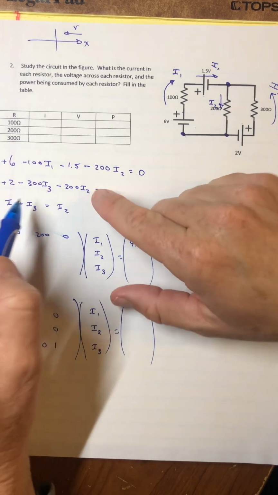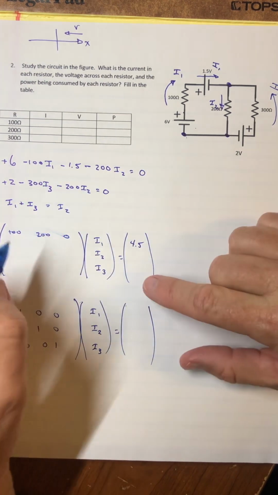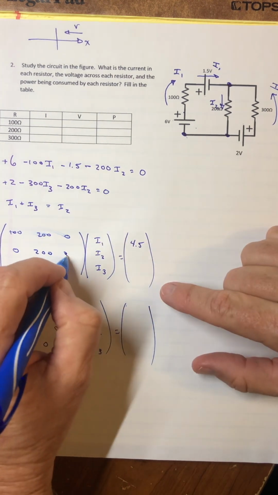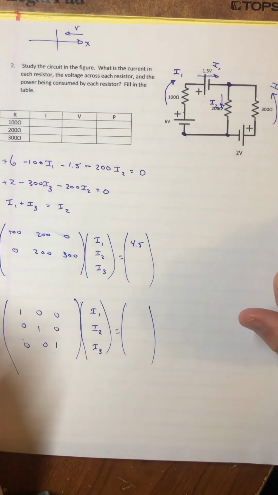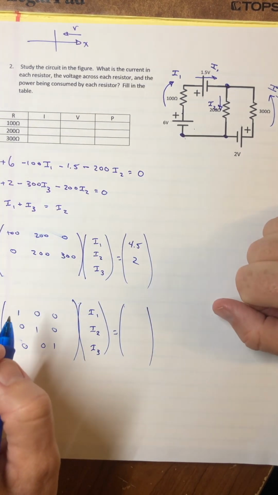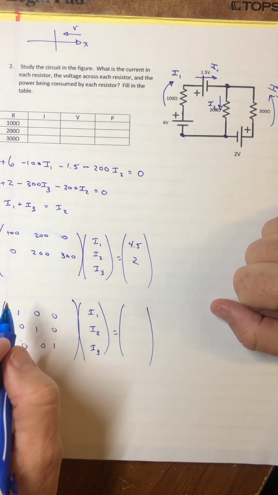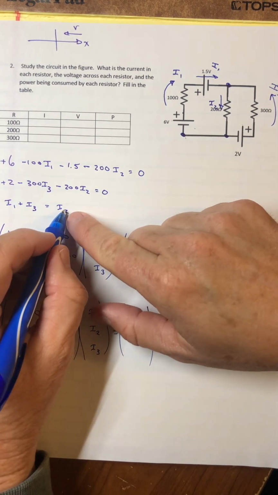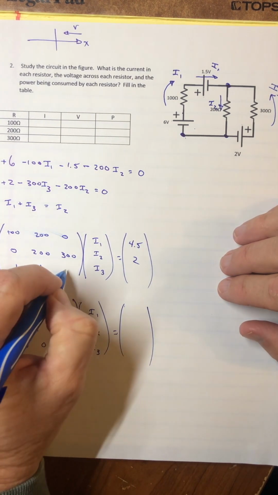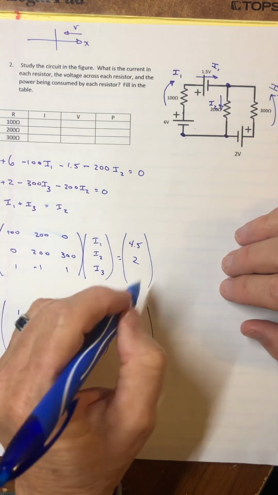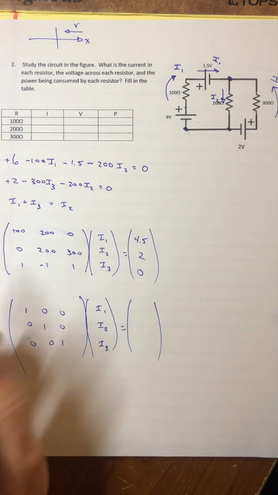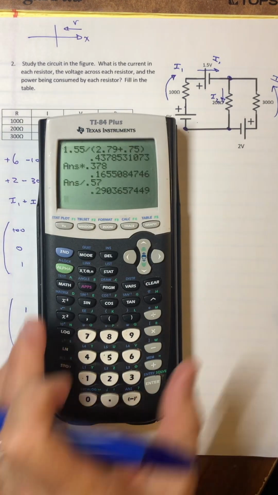This equation, if I mentally bring it over here, would have a 0 for current number 1, a 200 positive for current number 2, a 300 positive for current number 3, and would remain with a positive 2 on this side. And on this one, maybe I'll just imagine bringing current number 2 to that side. So that'd be a 1, a negative 1, and a 1. If we multiply that out, that would leave 0 on the other side of this equation. So there's my matrix equation.